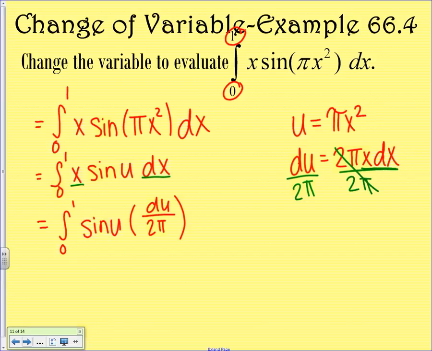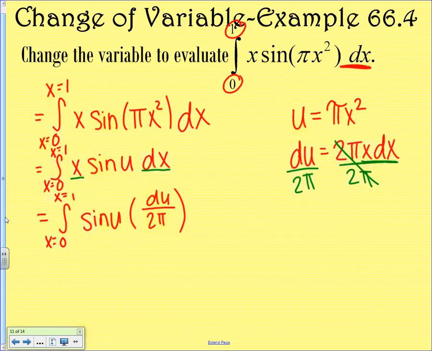So the problem is, we can't integrate this and then plug in 0 and 1, because these were x values, because it was originally in terms of x here. All of these were x equals 0, x equals 1. So what we have to do is actually figure out what our u limit values would be there.